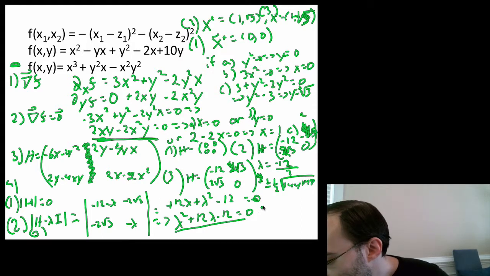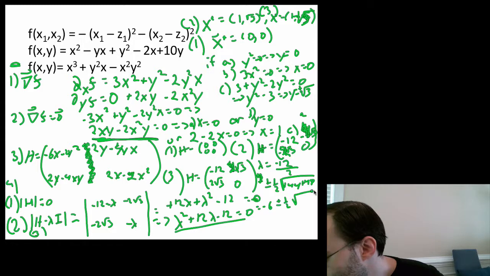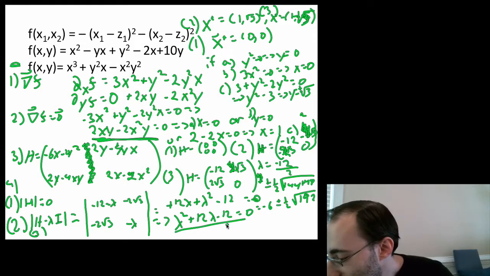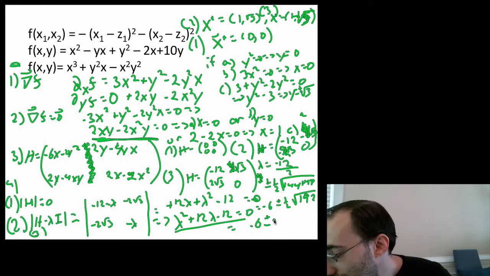So we have negative 6 plus or minus 1/2 the square root of 192. 192 divided by 2 is 96. 96 divided by 2 is 48. So this equals negative 6 plus or minus square root of 48.